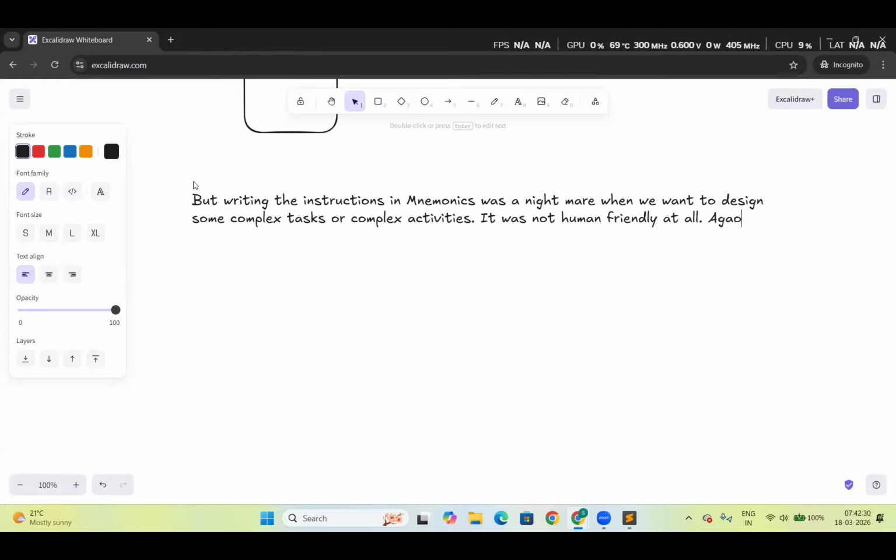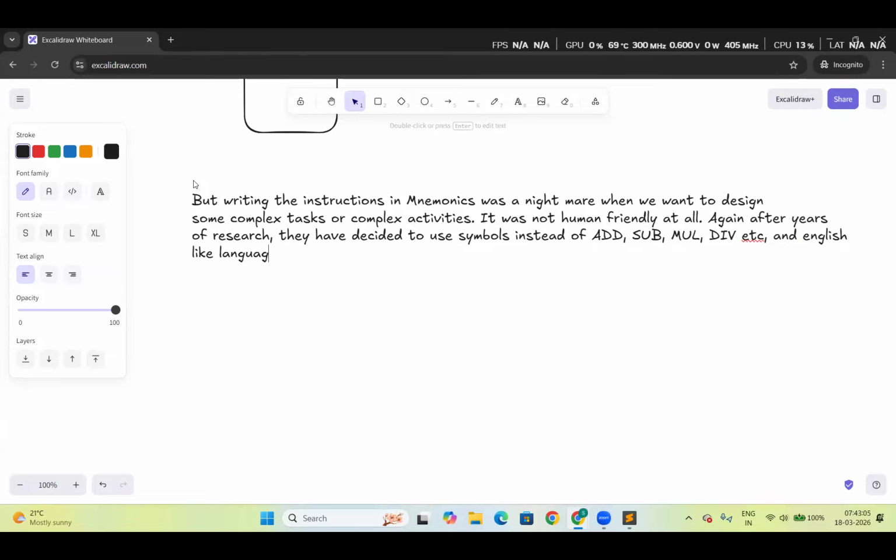Again, after years of research, they decided to use symbols instead of add, subtract, multiplication, division, etc. An English-like language, which is now known as HLL, that is high level language.